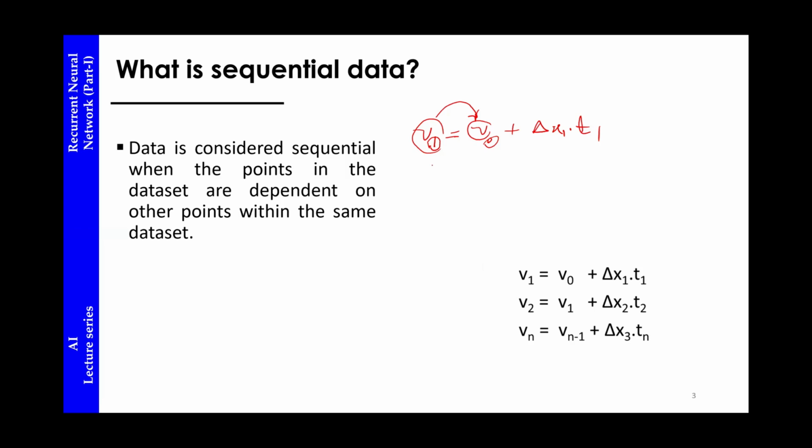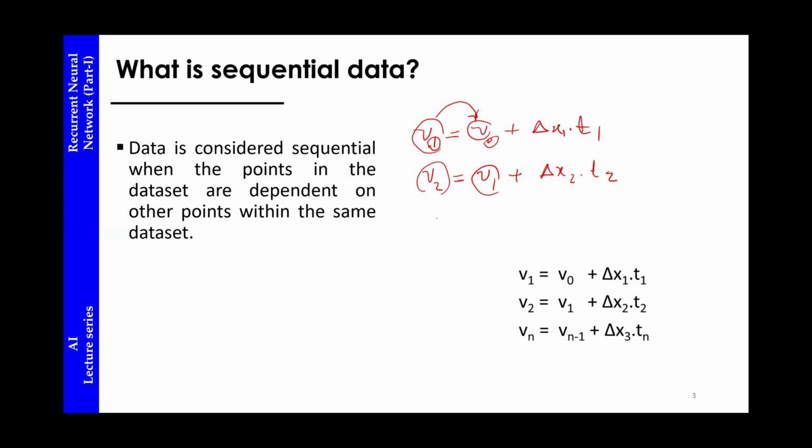Following the same equation, we can write for data point 2, velocity at time step 2 equals velocity at time step 1 plus delta x2 times t2. Again, the same concept. The value of the velocity at time step 2 depends on the previous value of velocity at time step 1.